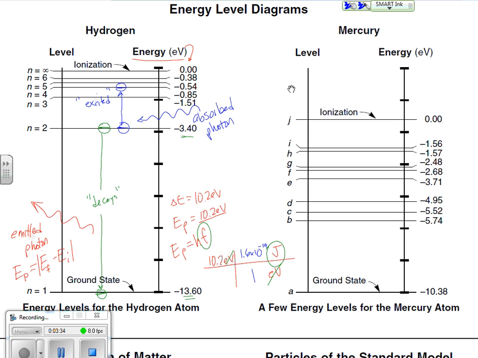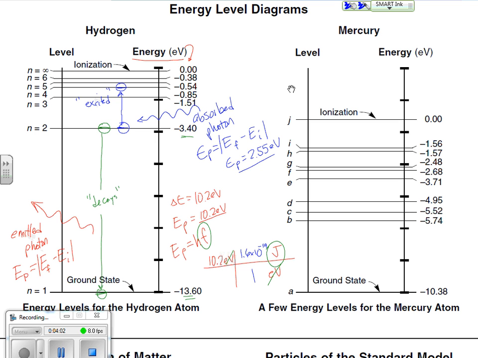It has to have exactly the right amount of energy, the same as the difference in energies of those two states. So the difference between 3.4 and 0.85, if my math is right, and it usually is, would be exactly 2.55 electron volts.